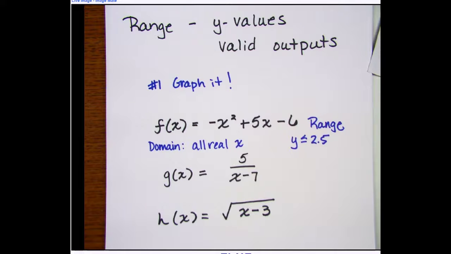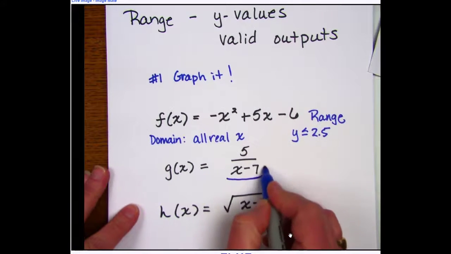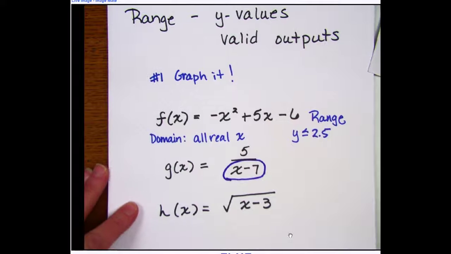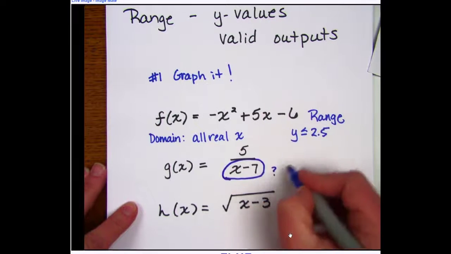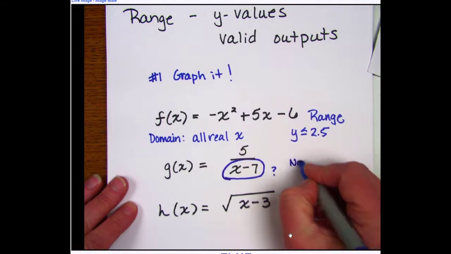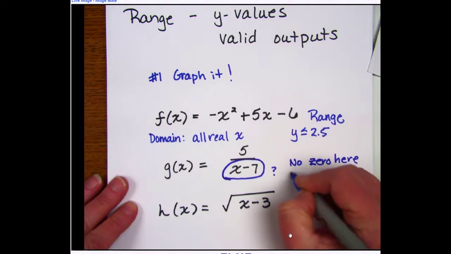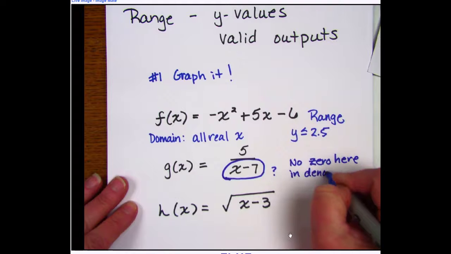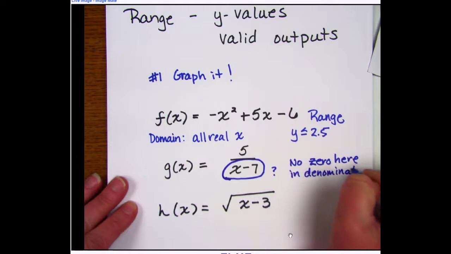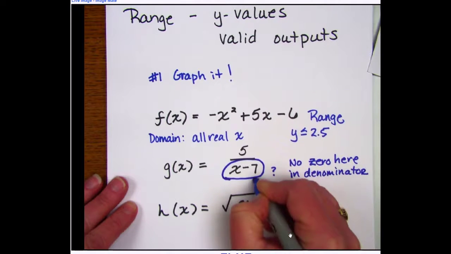This one's going to be a little harder to see from the graph. But what we know about a function is we can't have what in the denominator? We can't have a 0 here. Why can't we have a 0 in the denominator? Remember that that makes our function undefined.